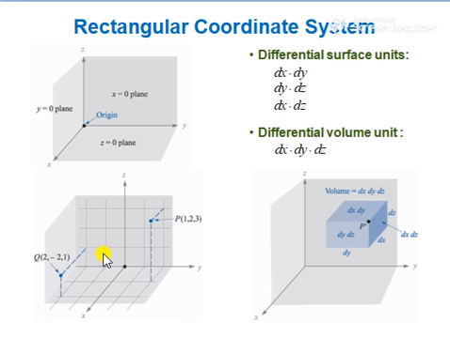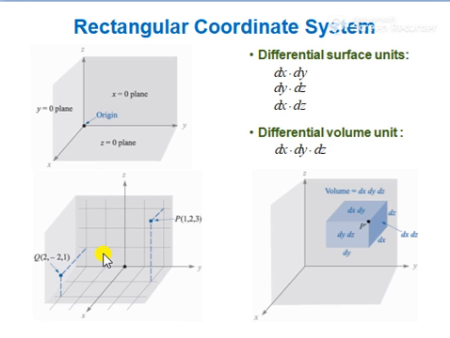Another method to define a point is to consider the surfaces x equal to constant, y equal to constant and z equal to constant planes. The common intersection of these three surfaces is the point to be defined, and the constants indicate the coordinates of that point, right?